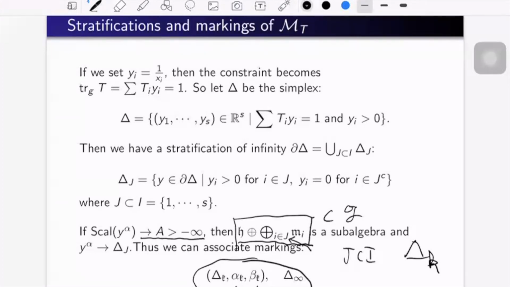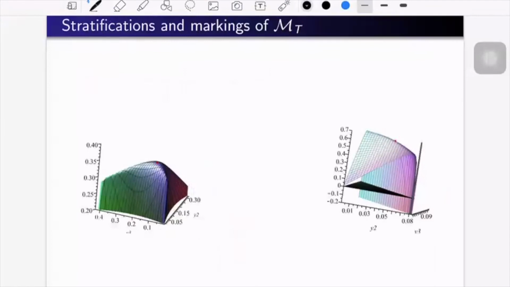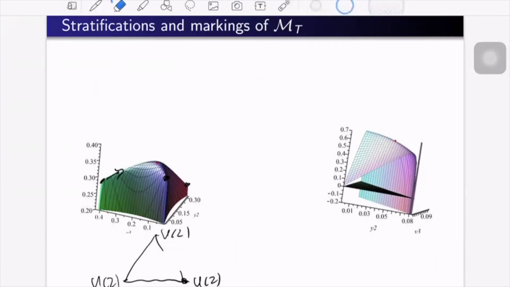So let's look at some of the previous examples again. The simplex here is two-dimensional. The vertices are strata corresponding to 3 U2s. There I see my alpha with these limit points. My beta was a derivative. And I know for the subgroups, so these are infinity strata.